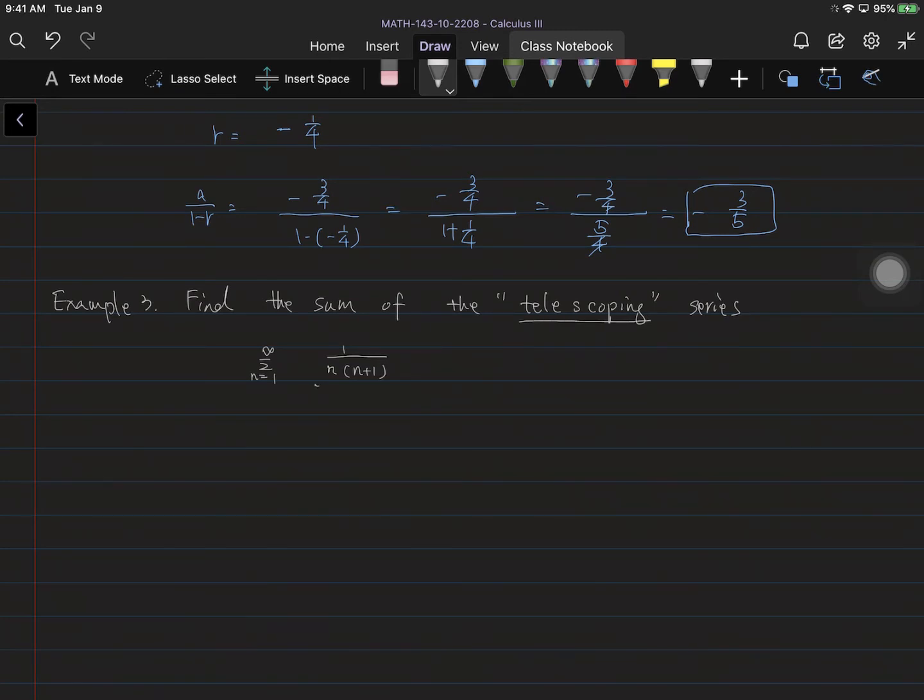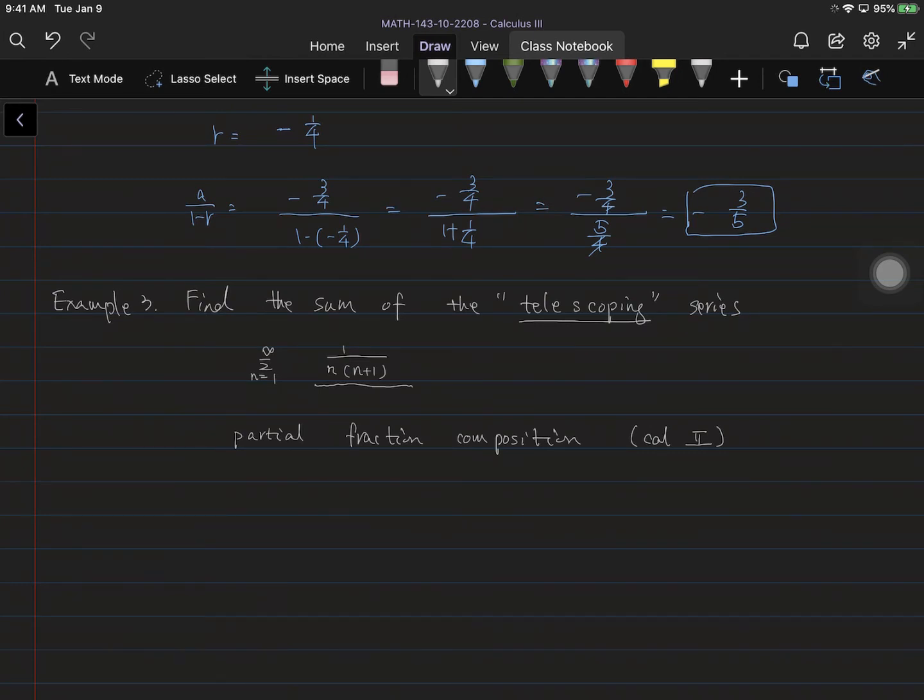Firstly, for this term a_n, we want to use partial fractions to separate this into two terms. Partial fraction decomposition method. We learned this in Calc 2 when we tried to find the integral of something.